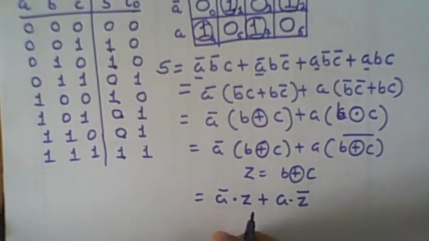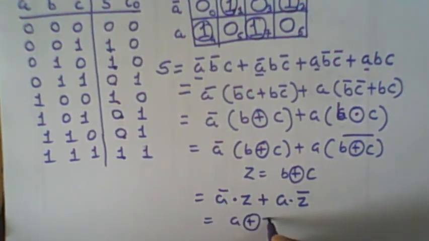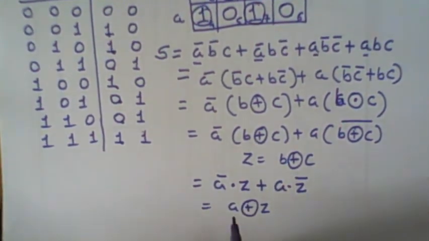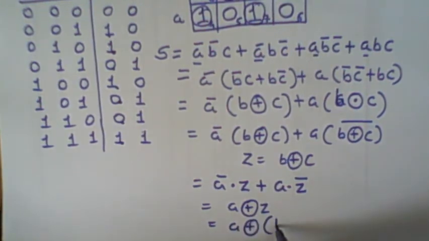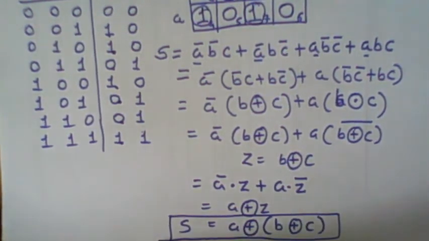Right? So this equation is nothing but the XORing of A and Z. Substitute the value of Z, then we have A XOR B XOR C. So the sum bit is nothing but the XORing of all three inputs.